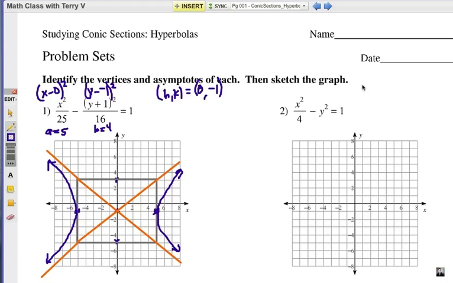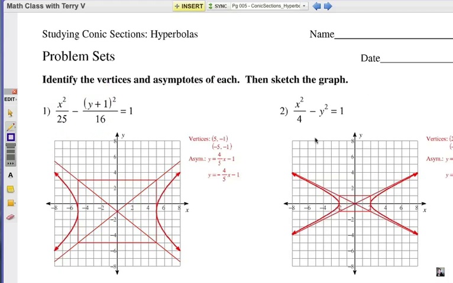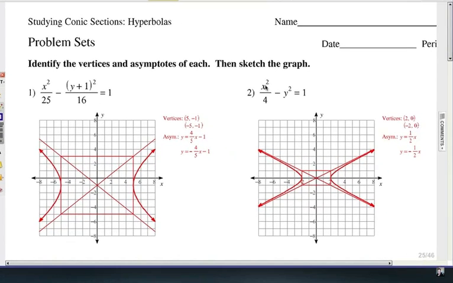Let's look at number 2. We notice it's x squared, so the h value has to be 0, and this is y squared, so the k value has to be 0. That means the center is right here. Now the a value must be 2, because it says 4 and we need to take the square root.